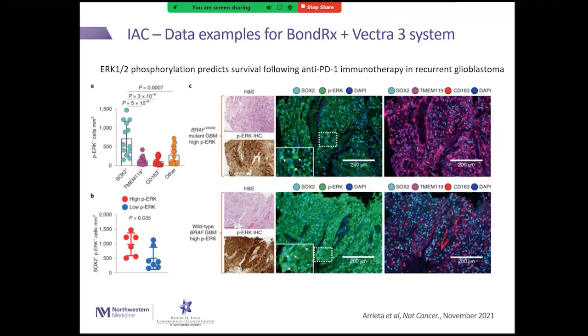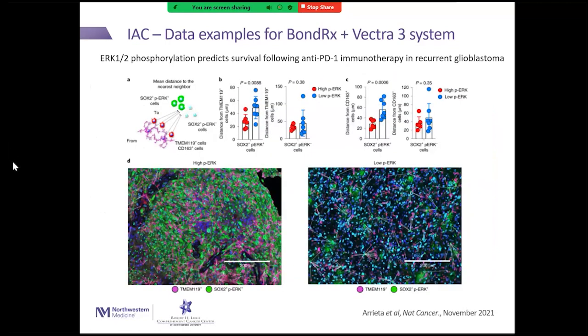Further, they wanted to see what is the distance between the SOX2 positive PERK positive cells and the myeloid cells like TMEM119 or CD163 cells. So you could see that the cohort that had high PERK had very short distance between these immune cells and the tumor cells.